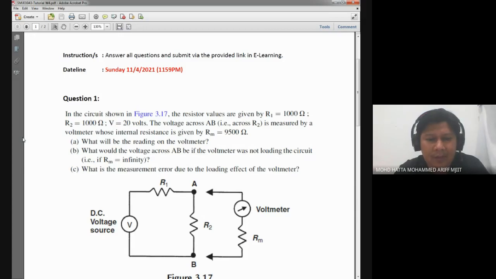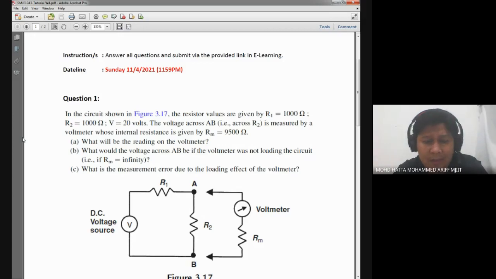If you look at the circuit, we have two resistors connected in series, and I think within a second we can determine the voltage across R2, since we have been given the voltage and the resistor values R1 and R2.